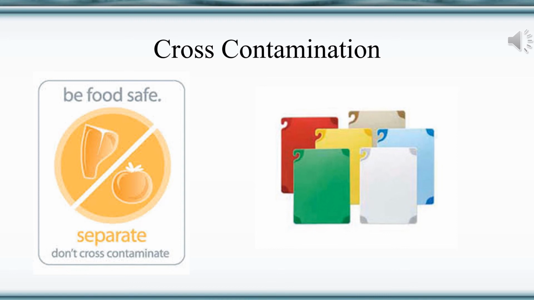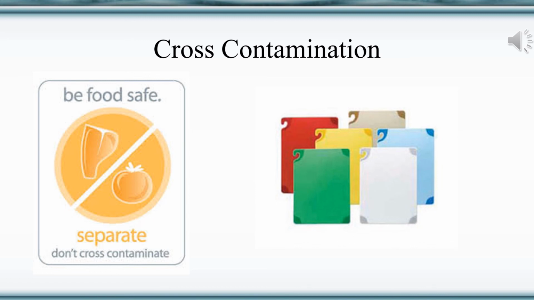You can either wash the cutting board after preparing the uncooked meats, or, which is the second option, which is probably a much better option, you can use an entirely separate cutting board for foods that still need to be cooked and foods that are ready to eat. And this method, again, is very, very effective for reducing the risk of food contamination.